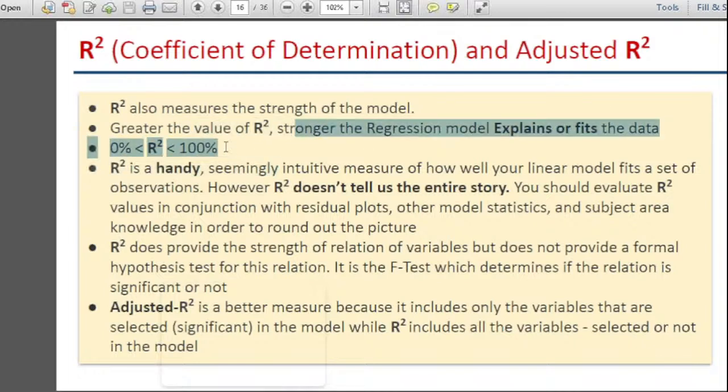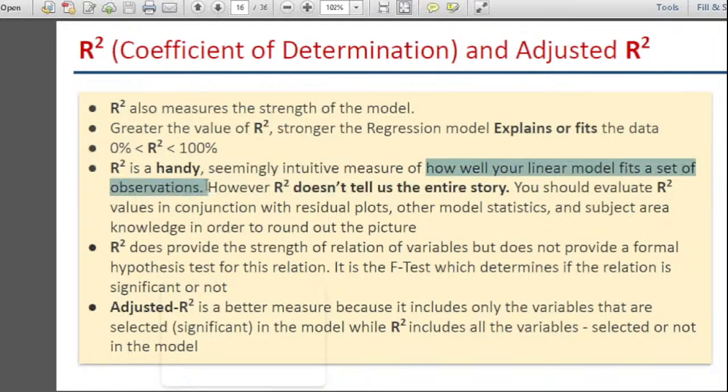So this I've already explained. R square is a handy, seemingly intuitive measure of how well your linear model fits a set of observations. However, R square does not tell us the whole story. We'll see how. We cannot completely rely on R square, though of course it's a very good measure.